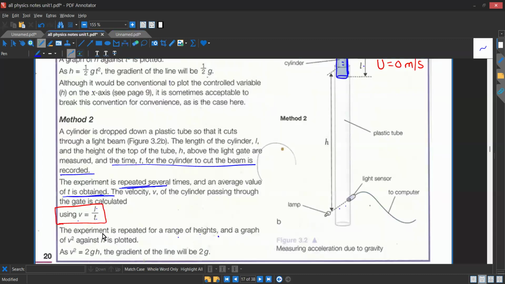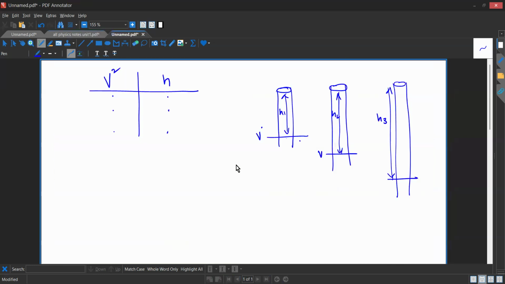The experiment is repeated for a range of values of height. How are you measuring the velocity? Velocity is the length of the cylinder divided by the time it takes for the cylinder to cut through the light sensors. And what are we plotting? We are plotting V square against H. For different values of height, we are measuring different values of velocity.